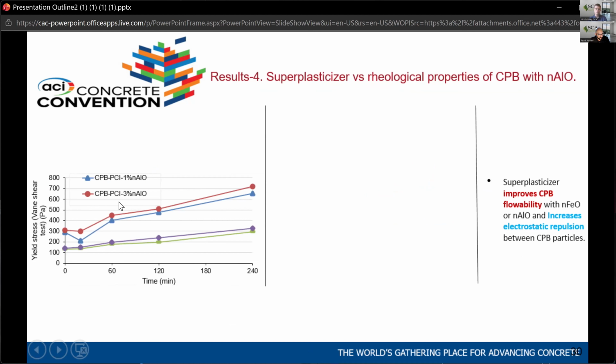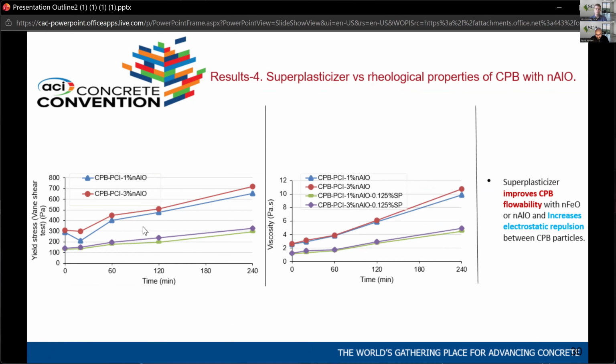This is the vane shear for aluminum oxide. I showed you before for iron oxide. This is for aluminum oxide, which also aligns with our prediction that 3% has more yield stress. And then the green one has these two samples.